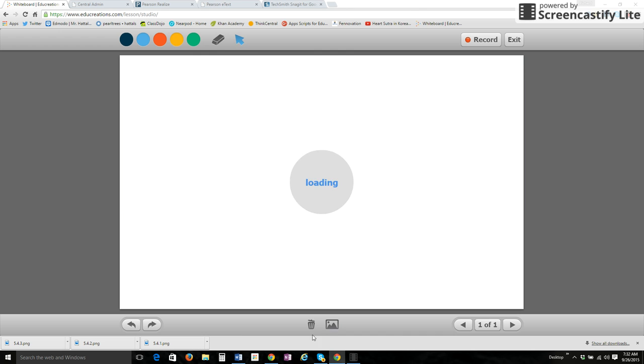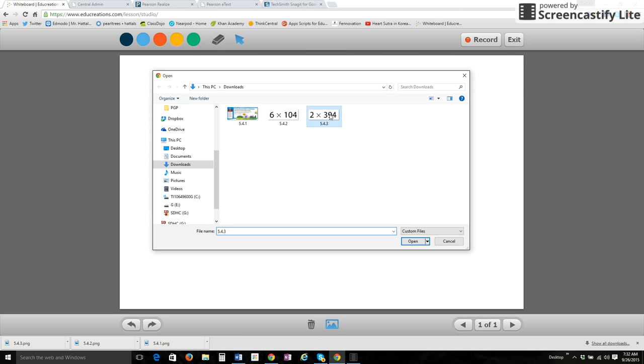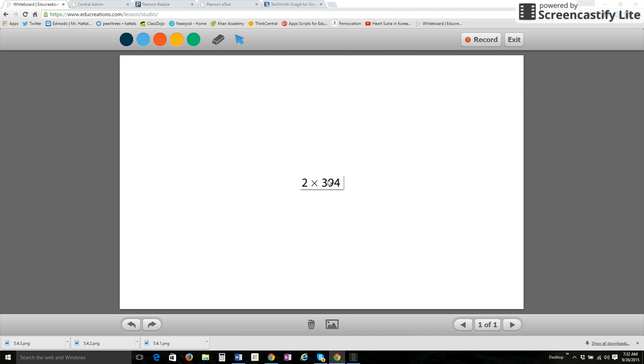All right, let's put these 2 examples up here. So let's go ahead and do the 6 times 104 first. 6 times 104, a little bit difficult to do mentally, but we could break this number apart into 6 times 100 and then 6 times 4.